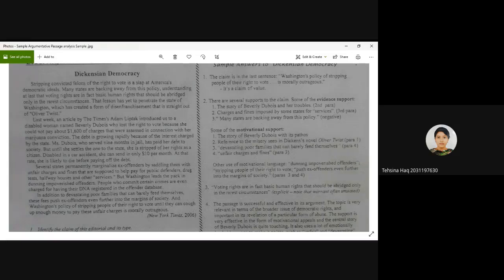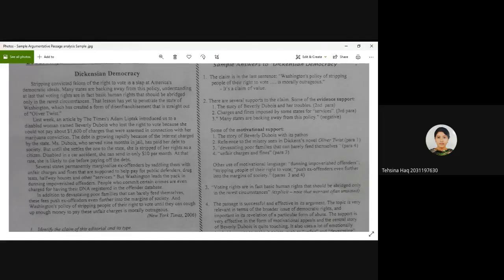Ms. Dubois, who served 9 months in jail, has paid her debt to society. But until she settled the one to the state, she is stripped of her rights as a citizen. Disabled in a car accident, she can send in only $10 per month. At that rate, she is likely to die before paying off the debt.